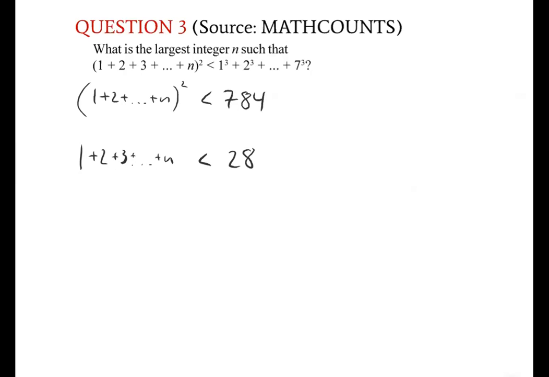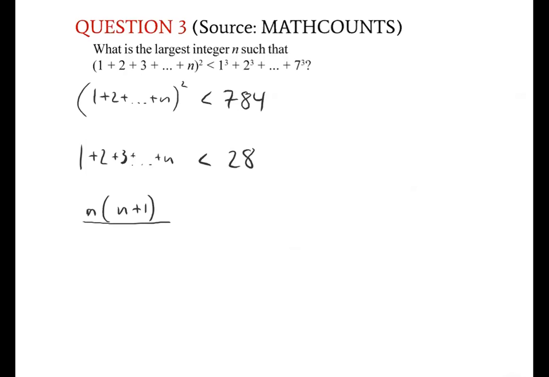So now we just have to add all of this up and find what n is. You can use guess and check for this, or you can use the formula for the sum of consecutive integers. That's just n times n plus 1 over 2.